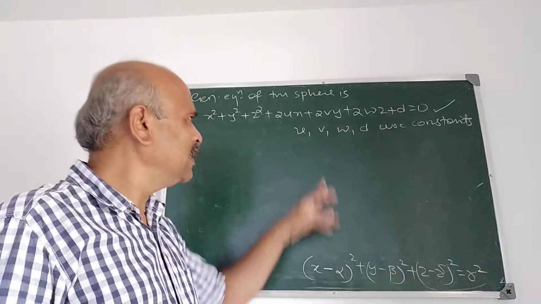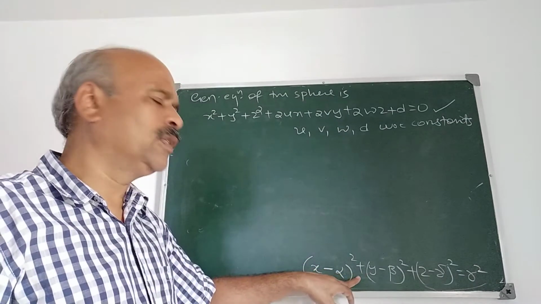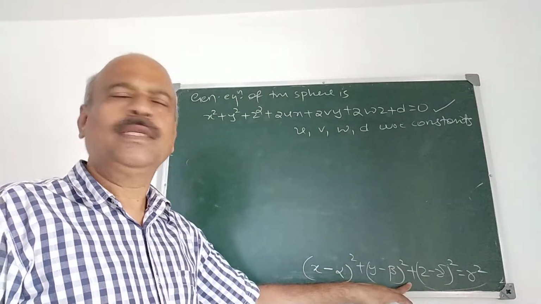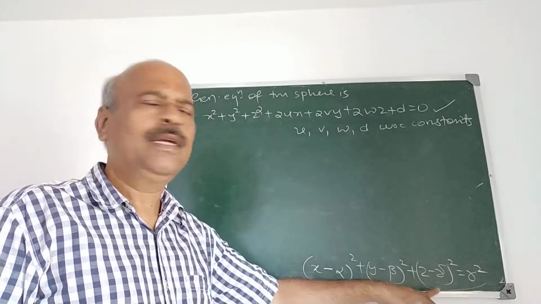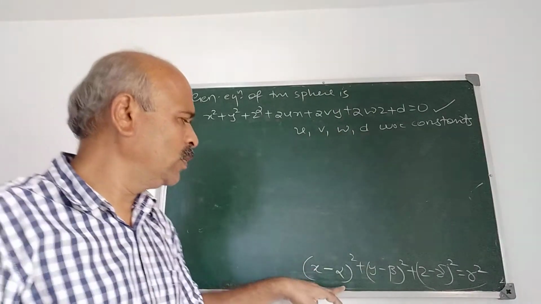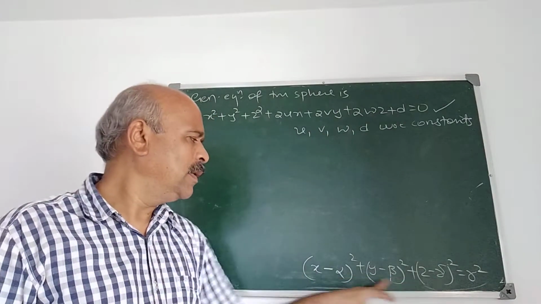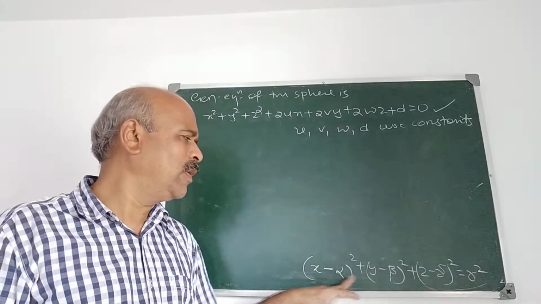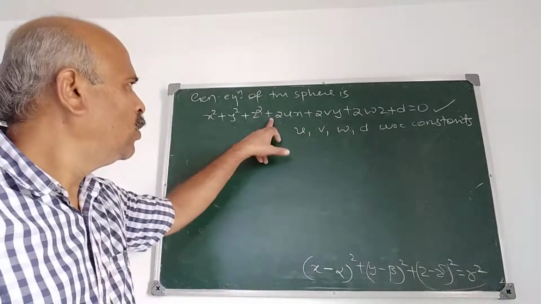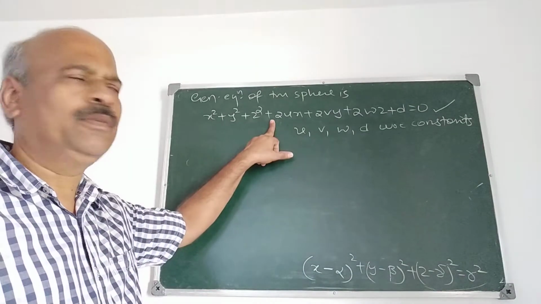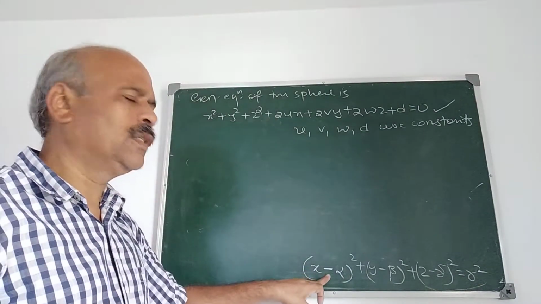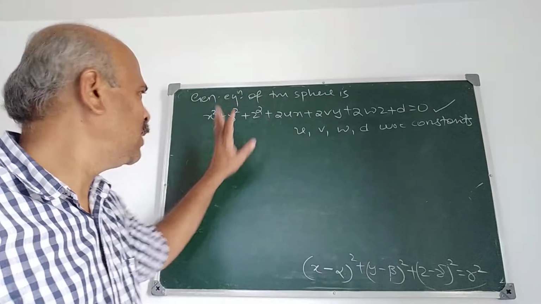If we prove that this equation can be reduced to this form, then it represents a sphere. And in that process we will also obtain the center, which is (α, β, γ), and the radius r. So to prove this, you have to reduce this equation to this form. If possible, then it represents a sphere.